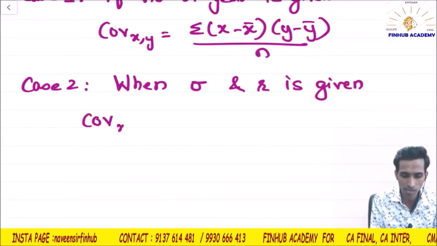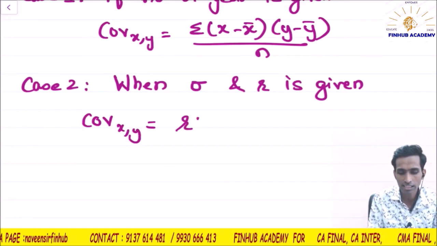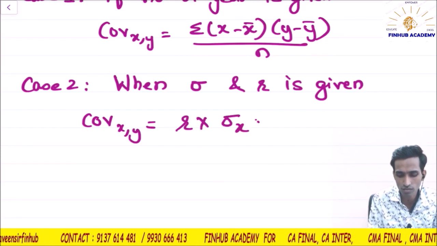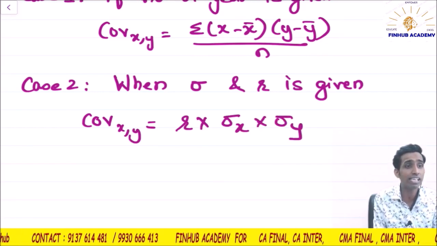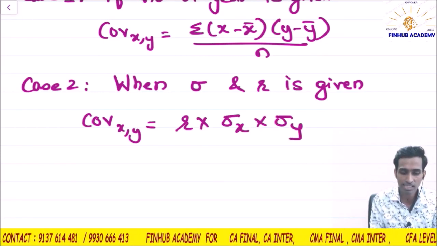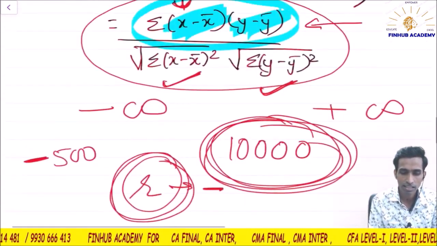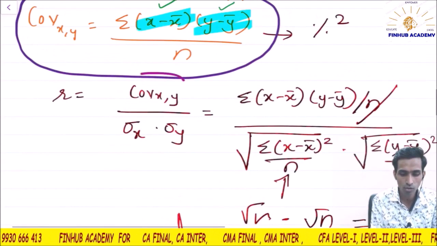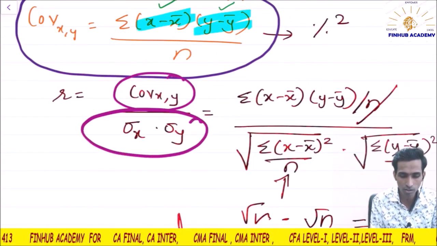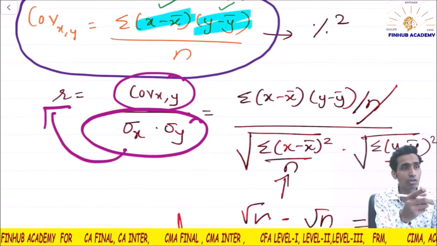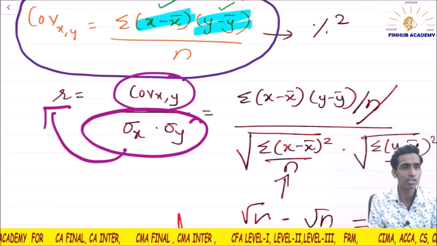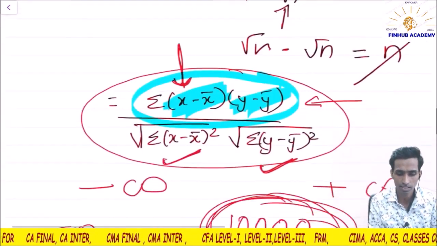Covariance between x, y is equal to R into standard deviation of x into standard deviation of y. Have we done this formula? Yes. In R we have already written it. See here, in R we wrote this. If I want to calculate this, I will take this denominator on the other side. Yes or no? That is what you just wrote: R into standard deviation of x into standard deviation of y. Is that clear, guys?